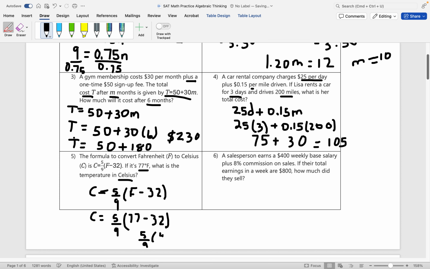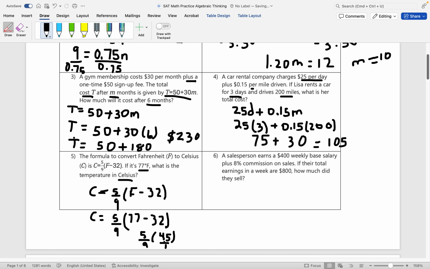And those of you who don't like fractions, your SAT Desmos calculator, you just put this in the calculator the same way and you'll be able to get it. 5 ninths is 5 divided by 9. So you put 5 divided by 9 in parentheses times 45, it will give you the answer. But if you don't, you put a 1 under the 45 and then you just multiply numerator times numerator, denominator times denominator, or you can cross simplify if you know how to do that.